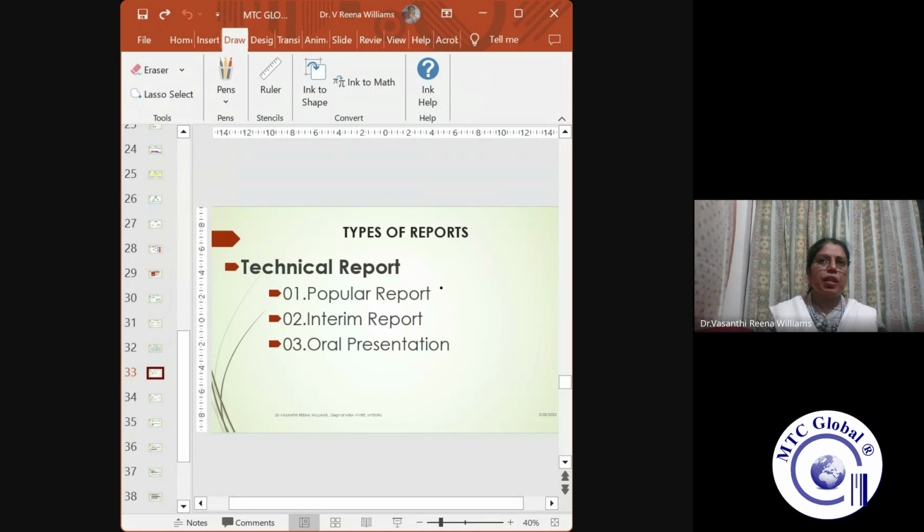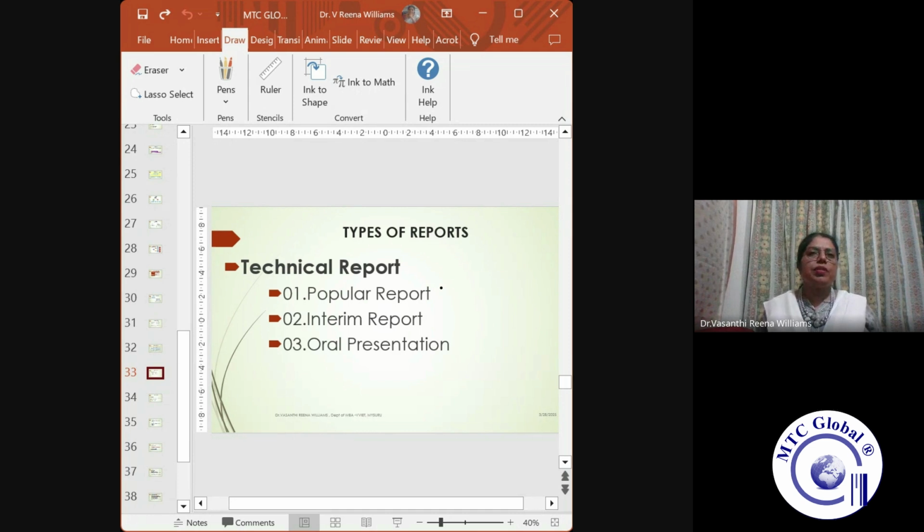Maybe even when you're working, your boss has every right to know, they're funding you to do the project, they're paying you the salary. So they would definitely want to know what you're doing and how you came up with the conclusion, and at what stage you are in your research. They would want to know. So that is an interim report. Usually when it is a funded report, or employment, where they're paying us, every time they ask us for updates, we need to give them, right? So that is an interim report.